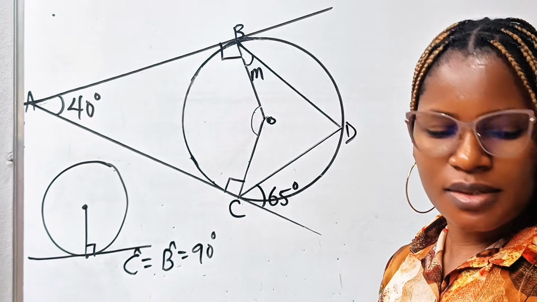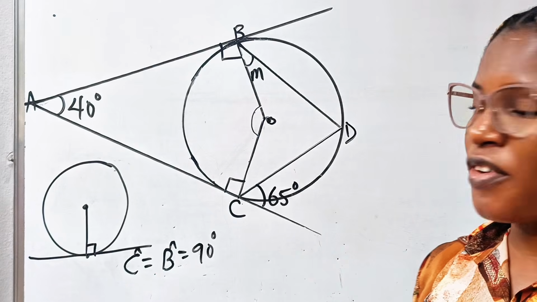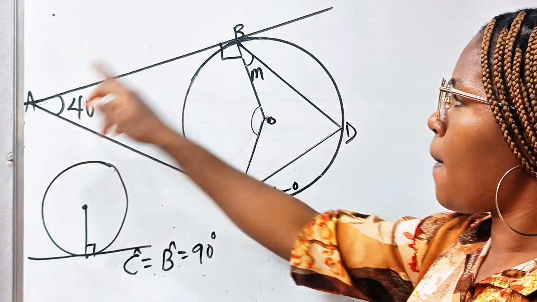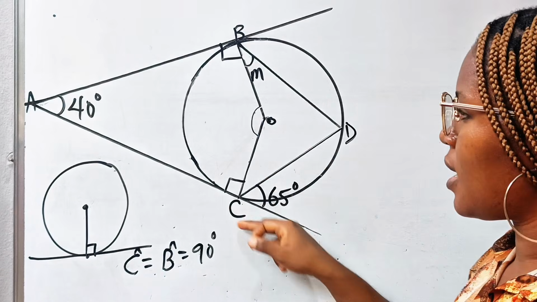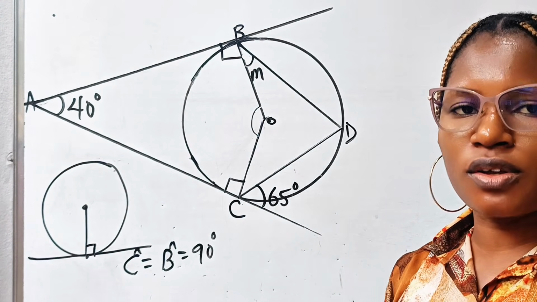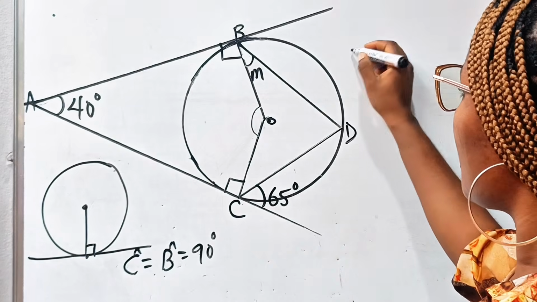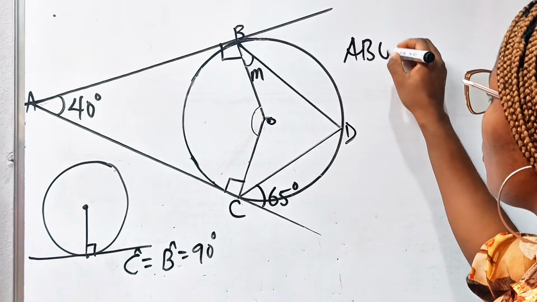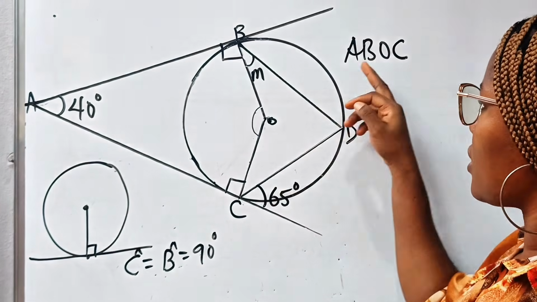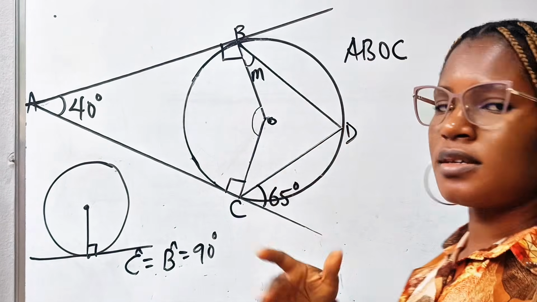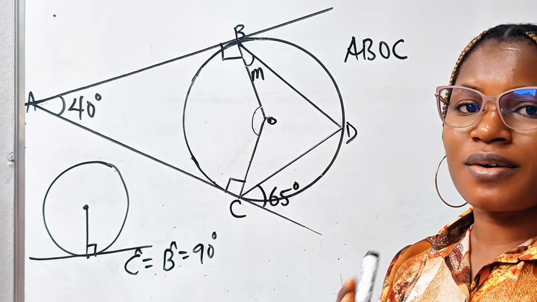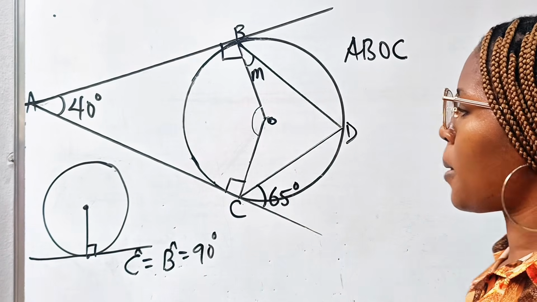How can we do that? First things first, ABOC is a quadrilateral, right? ABOC is a quadrilateral, and the sum of angles in a quadrilateral is 360 degrees, right?